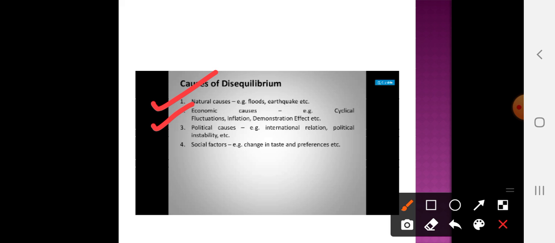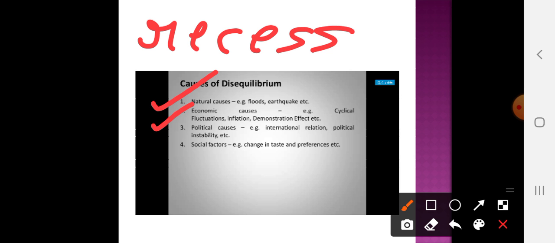If two countries are exchanging goods and services, doing business, one country might be facing recession and another might be in a boom period. In yesterday's class I already explained the stages in a trade cycle. So these economic factors affect the balance of payment and create disturbance.